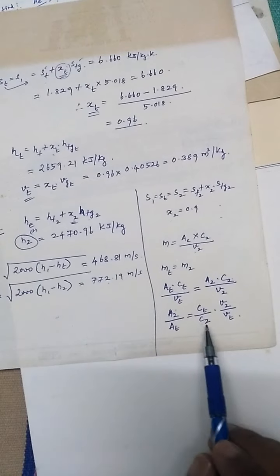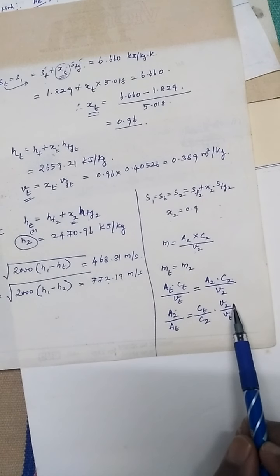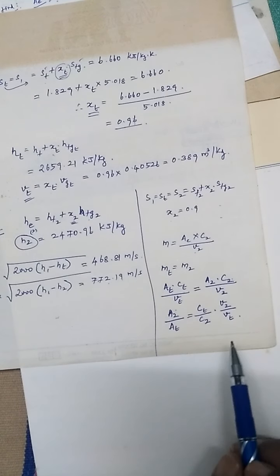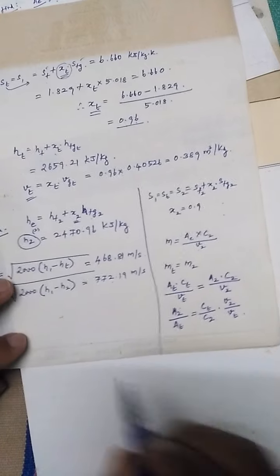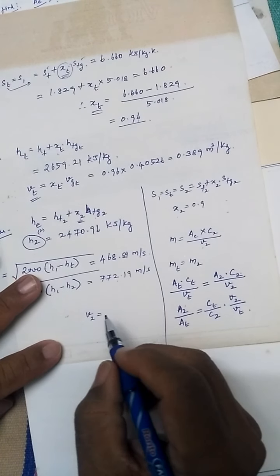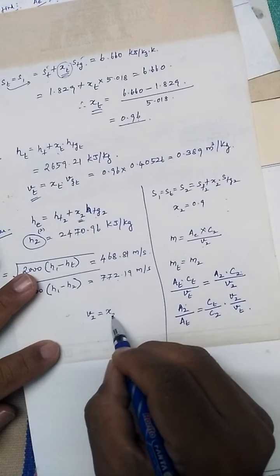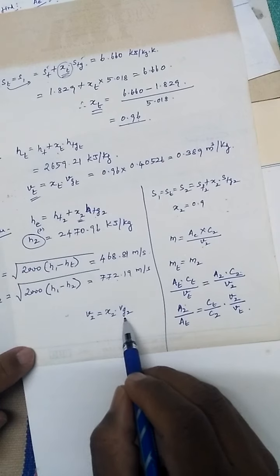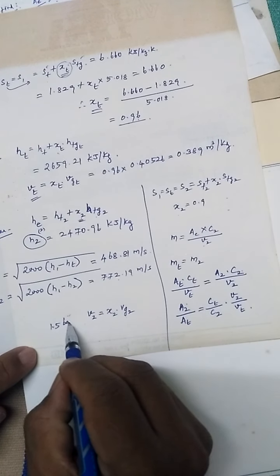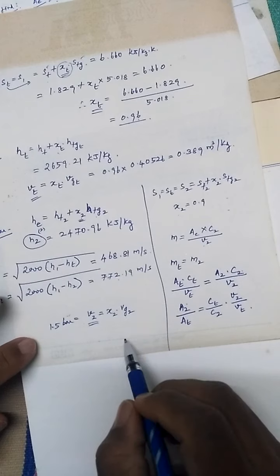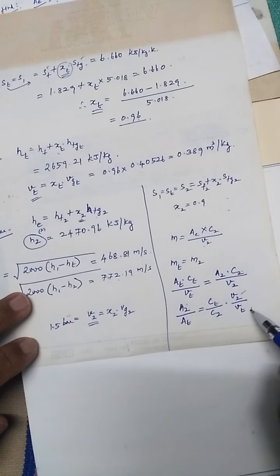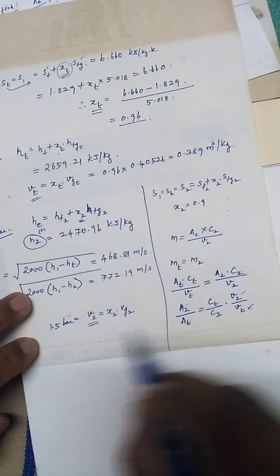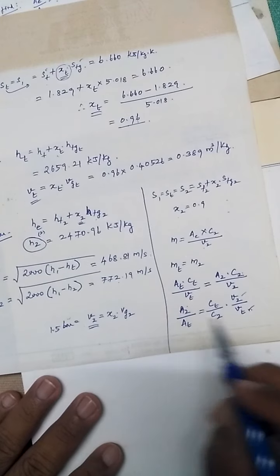CT we know, C2 we know, and v2 we have to calculate. How to calculate v2? v2 is nothing but x2 into vg2, for 1.5 bar. So you calculate v2 and we can get this. We already got vT, which is 0.389 meter cube per kg.